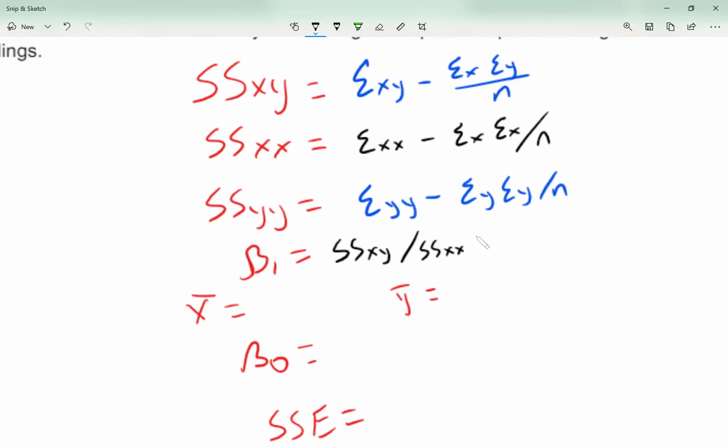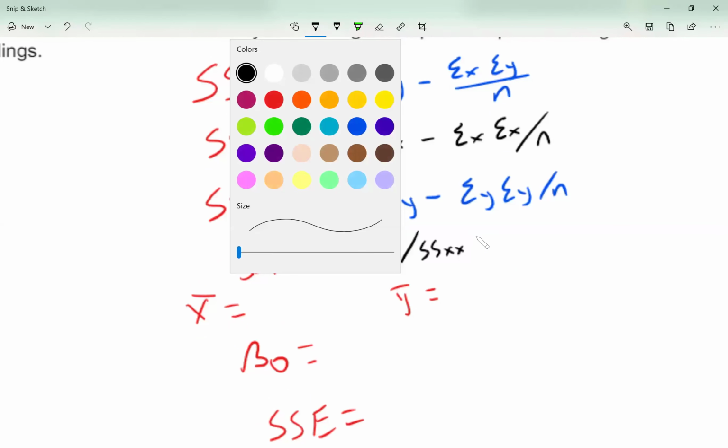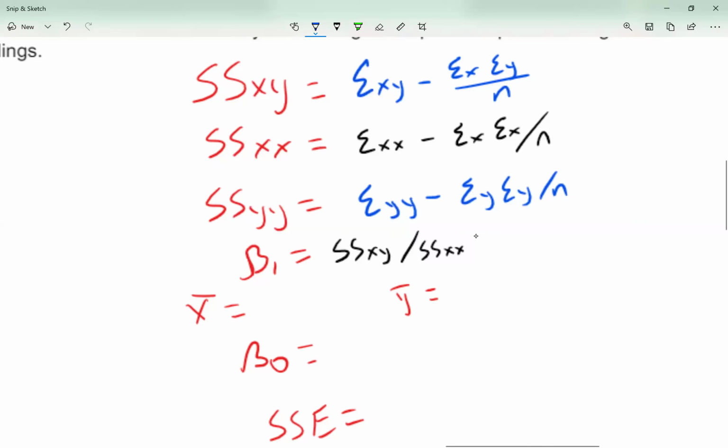My average of the x's, or x bar, is basically sigma x, because I add all my x's divided by n. How much data do we have? Y bar, or the average of the y's, I add all the y's, so sigma y divided by n.